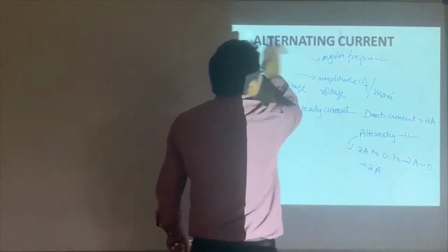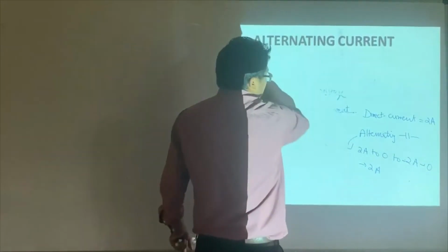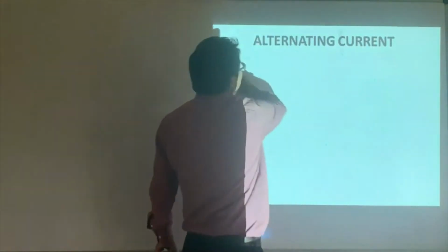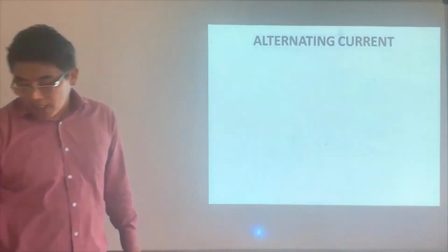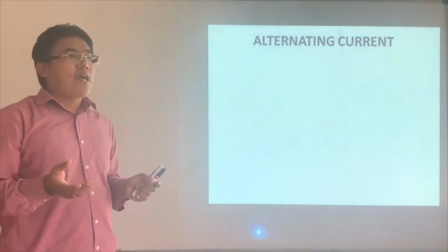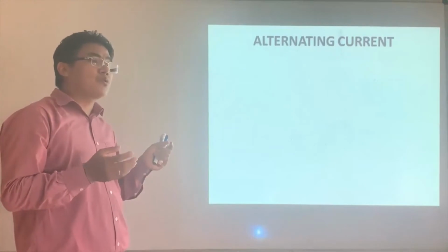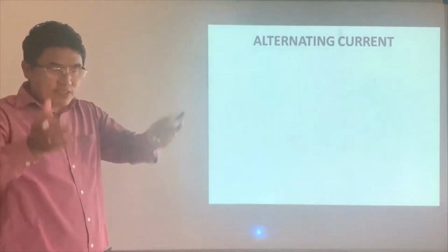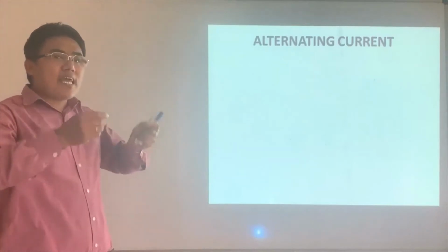So in this chapter, what we are going to study is applying alternating voltage to a pure resistor, to pure inductors and capacitors, and then also to the series LCR circuit.